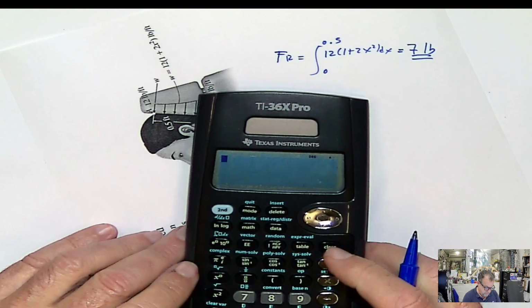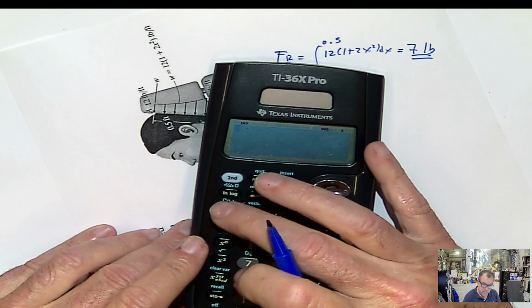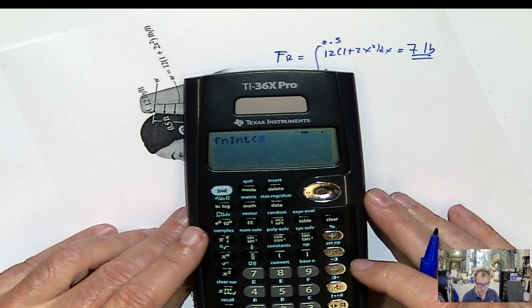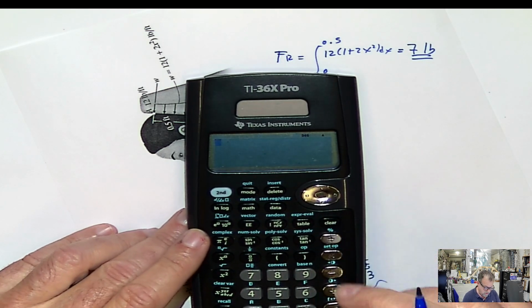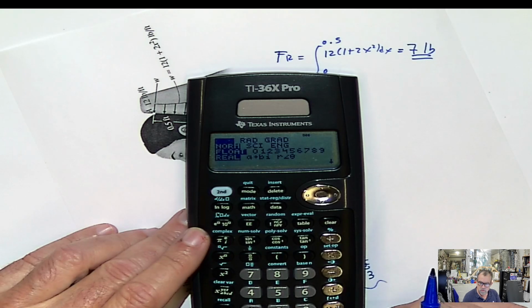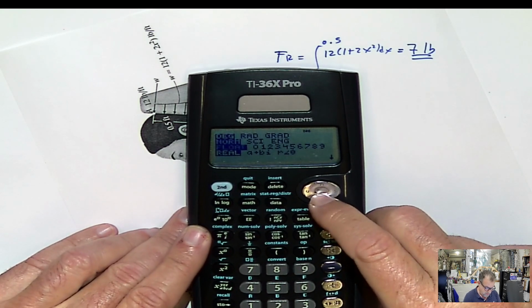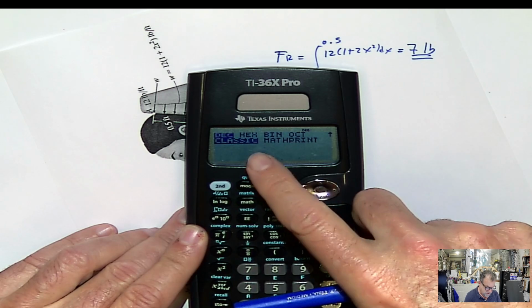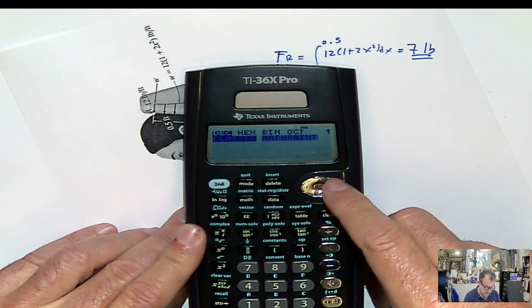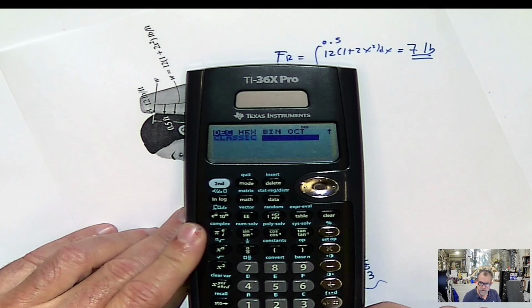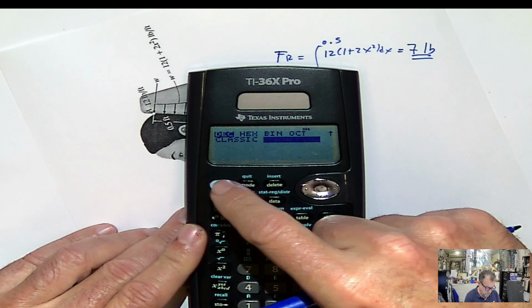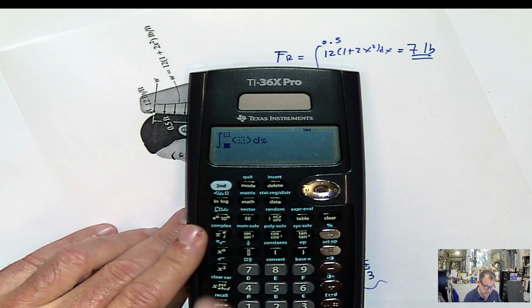Now, if you are in an exam and this happens to you and you don't know how to use that, don't freak out. Remember, your calculator has mode. So you go to mode and you keep going down until you find classic or math print. Select math print. And now you can go and select integral again. And this is what you're used to.